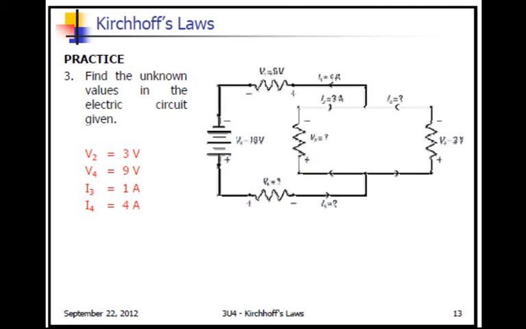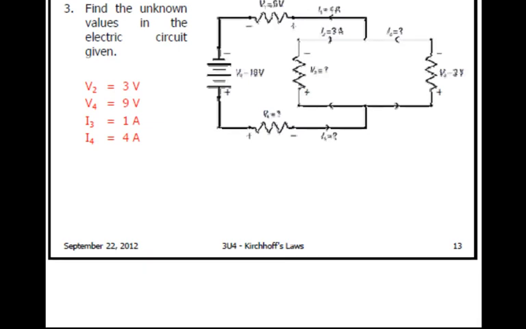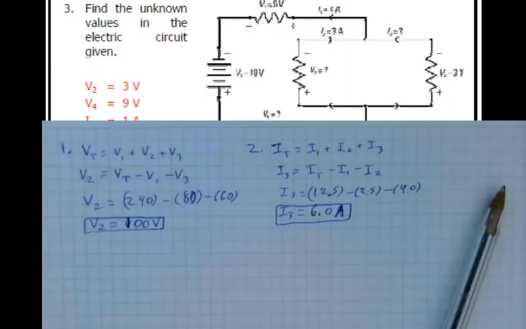This is an example of a complex circuit, and in this case, you'll be asked to do an analysis of this by determining all of the unknown values. I apologize that the picture is a bit unclear, but we will go through this and solve for each.